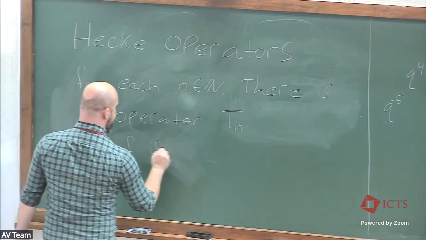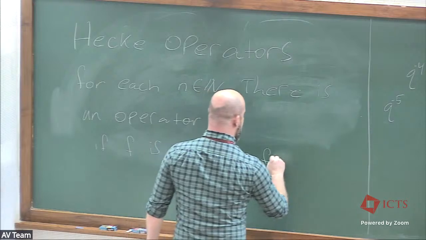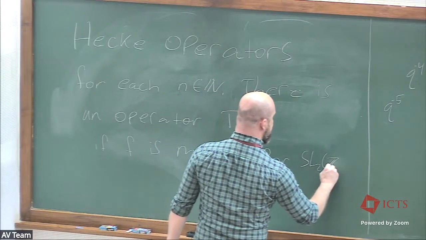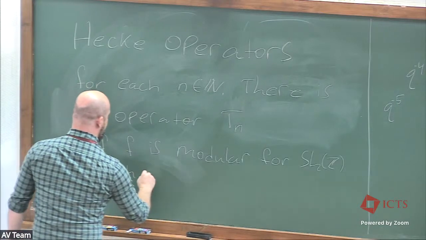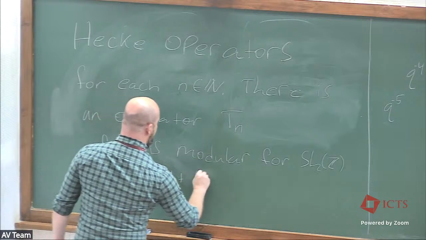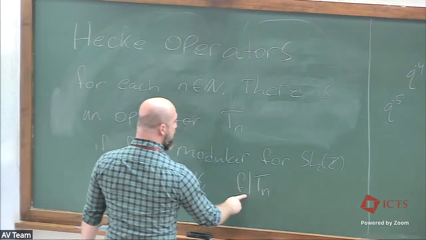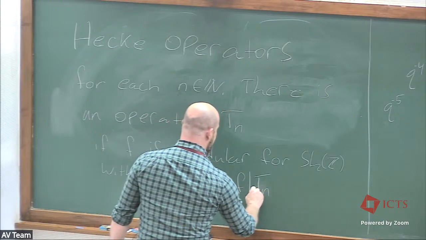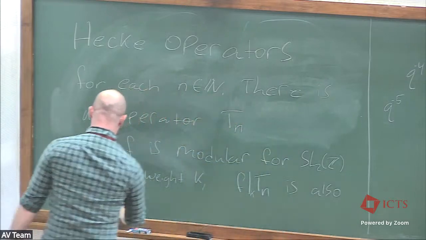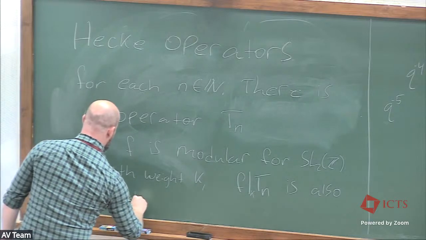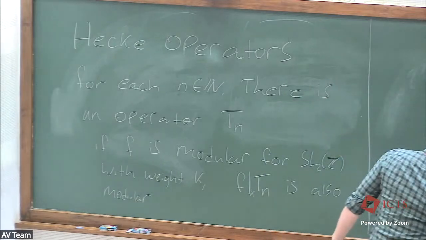Where if f is modular for SL2Z with weight k, then we have that f hit with our Hecke operator, and I'm going to write it this way as an operator on the right, is also modular for the same weight. I could actually write this a little bit more directly, I suppose.